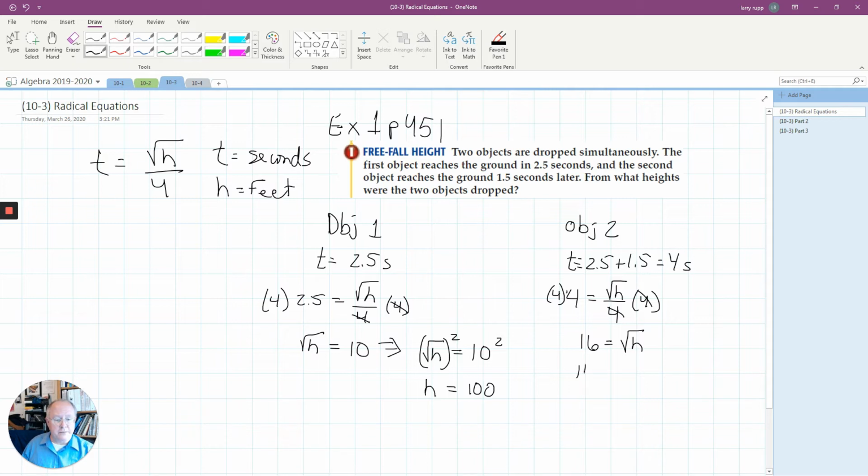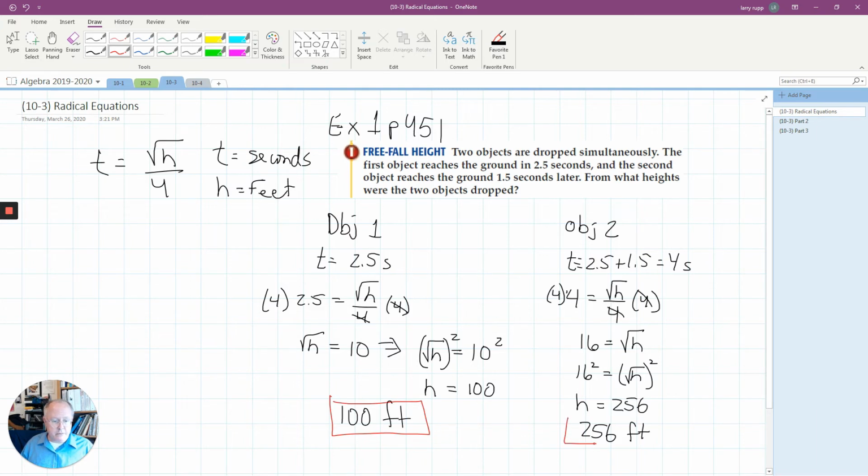We square both sides. 16 squared is equal to the square root of h squared. Now I'm going to write it with the variable on the left side. Squaring a square root, you get rid of the square root sign, you're left with just h. And 16 squared is 256. So object 1 was dropped from a height of 100 feet, and object 2 was dropped from a height of 256 feet.